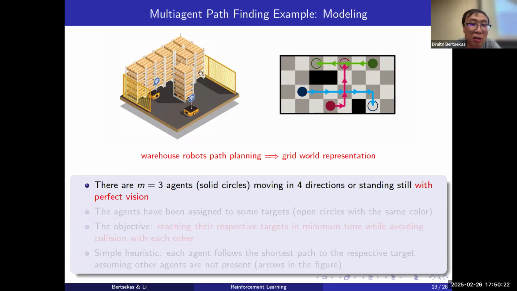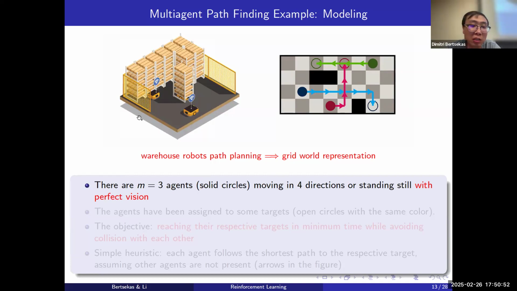In this particular figure, we have three agents, and they can communicate with each other, sharing their view, so that all of them share the same information and their decisions on where to move as well. They can move in 4 different directions and stay still at the current position, with perfect vision.